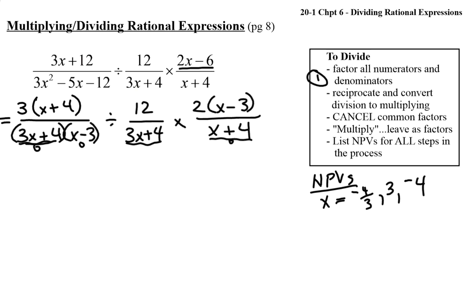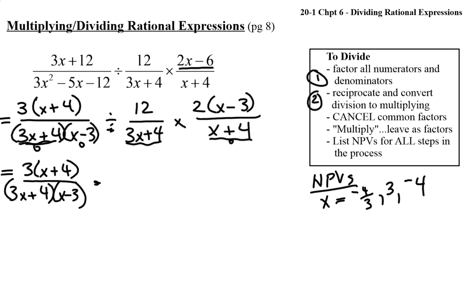So we've dealt with NPVs, we factored, now we have to reciprocate and convert to multiplying. So this will equal our 3 times x plus 4 over 3x plus 4 times x minus 3 doesn't change. However, division is going to become multiplying, so we have to reciprocate. Our multiplication doesn't change.